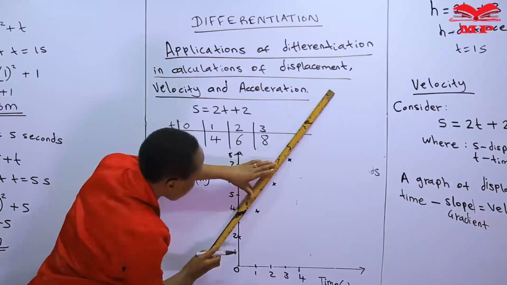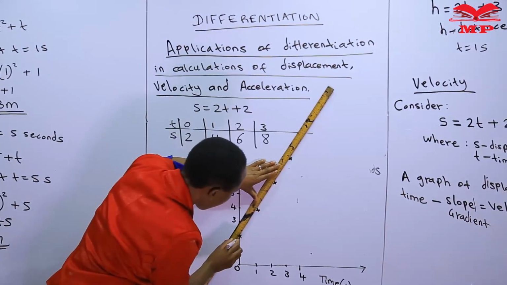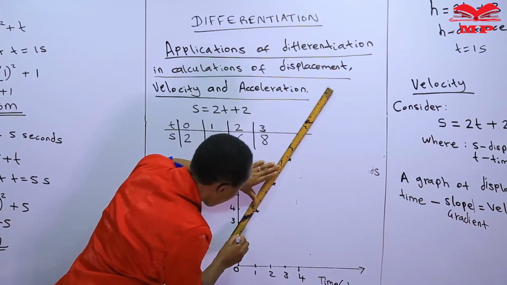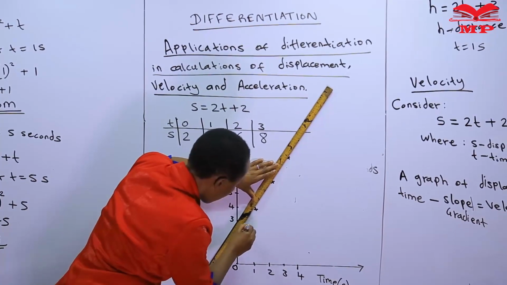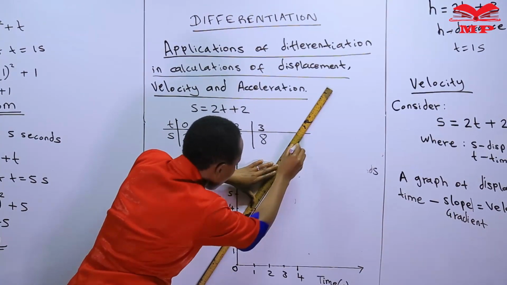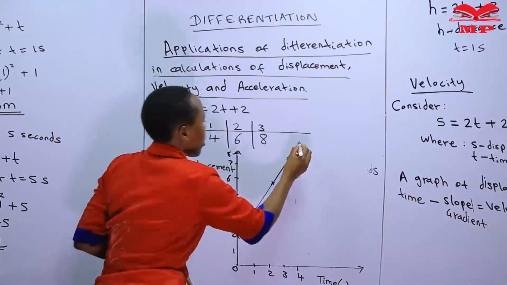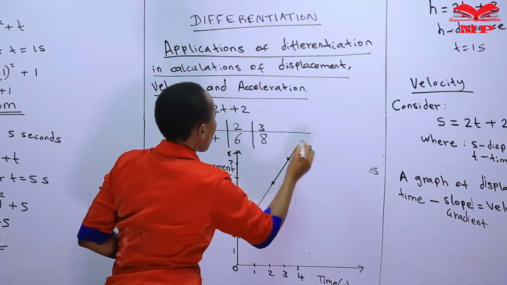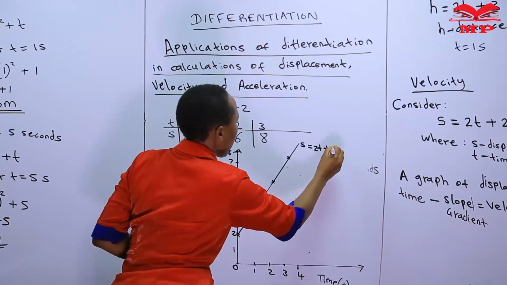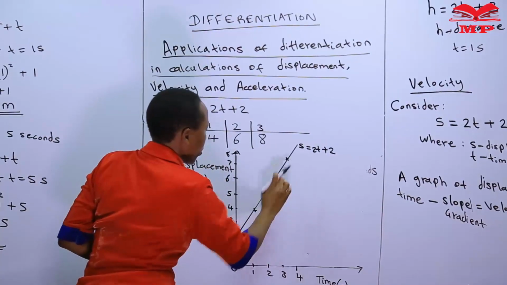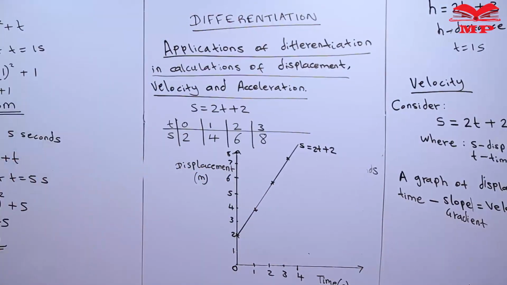Then we can plot the graph. So this is what we are going to have, and the equation is S equals 2t plus 2. That is the equation for our graph.